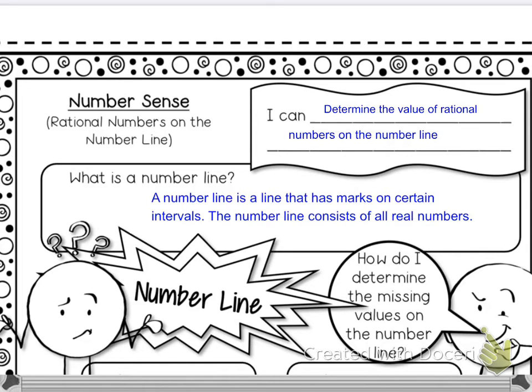If you think about the number line on the top of the classroom, it counts up by 1, and each interval is one whole number. Even though we might only be looking at a small portion, it extends infinitely to the left and to the right, and therefore it consists of all real numbers.